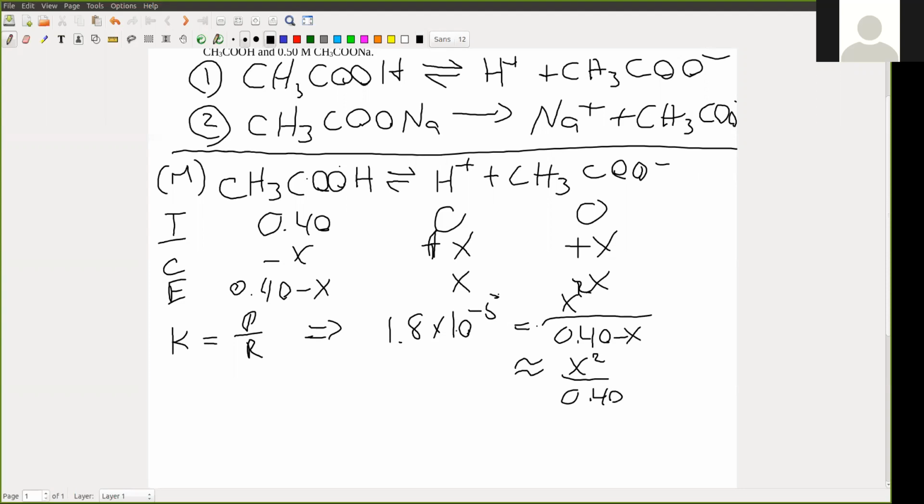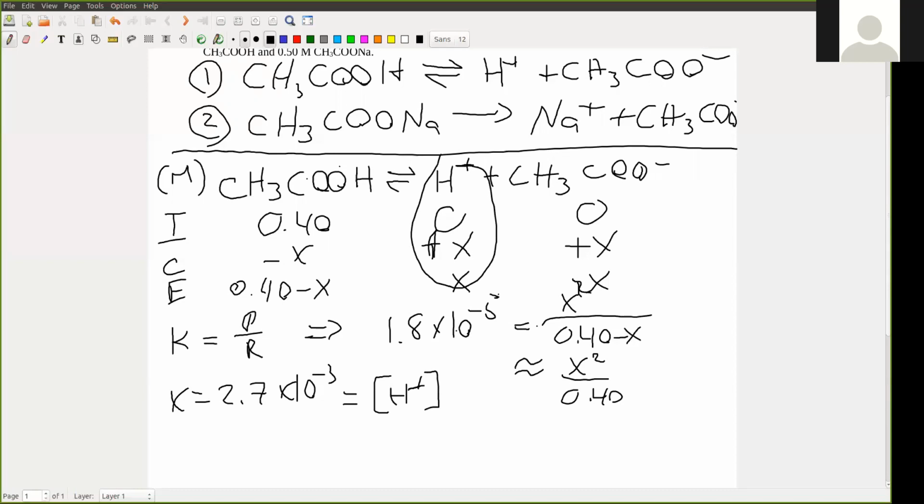And if you multiply both sides by 0.40 and then take the square root, you'll find that x is equal to 2.7 times 10 to the minus 3, which is also equal to our proton concentration, H plus.